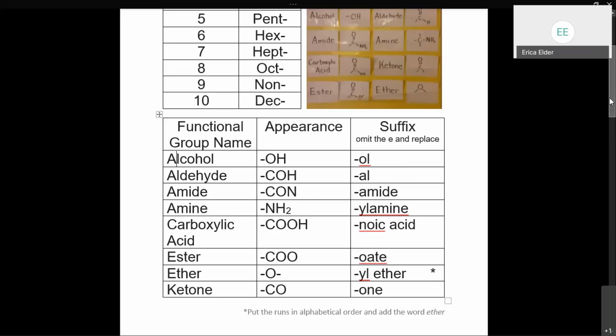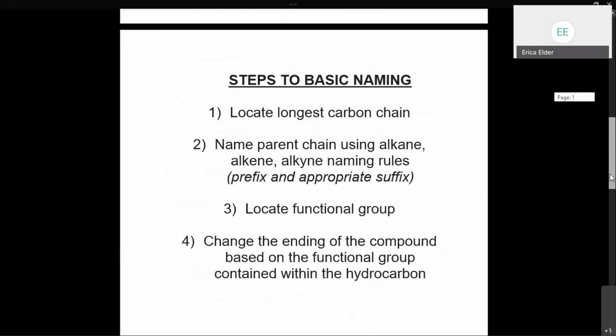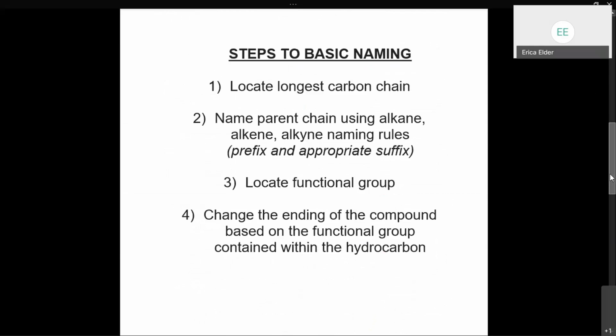All right, let's go ahead and take a look at some of the other notes we need to take at this time. So we need to make note of the first step being locate the longest carbon chain. So you're going to look at that compound. If you have to, draw the skeletal structure of the condensed formula you're given, and you may actually see what the functional groups are and where your hydrogens and things are bonded.